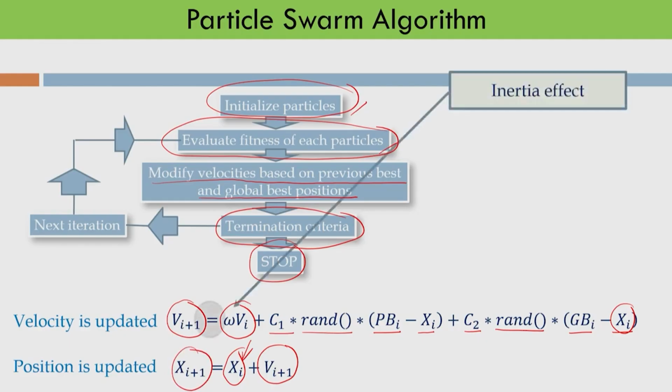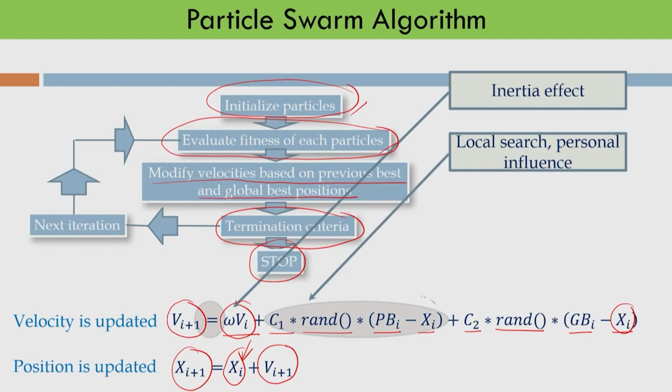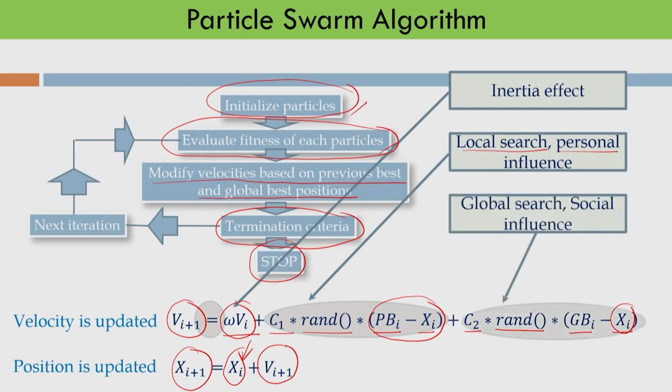Here, this is the inertia effect. Suppose the particle or the bird has taken a decision to change its velocity, but due to the inertia effect, it will still move some distance. This term gives you the direction towards its personal best, so you can say this is the local source or personal influence, and the other one is the global source, or the social influence.